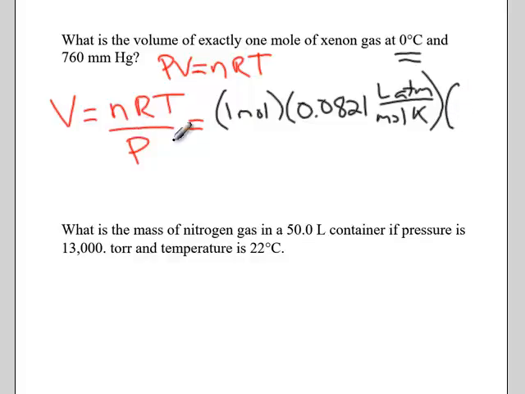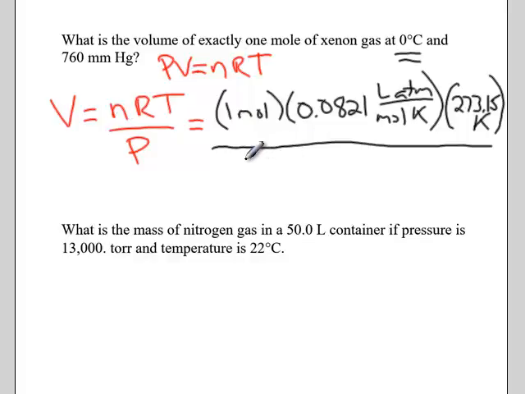So we never use degrees Celsius. We have to convert to Kelvin by adding 273.15, and 0 degrees Celsius is 273.15 Kelvin.